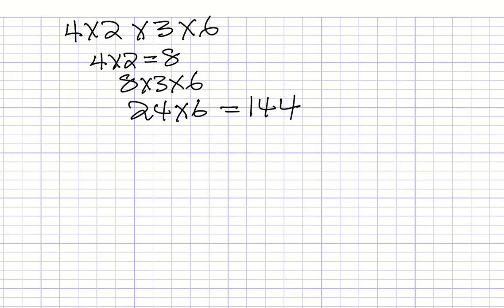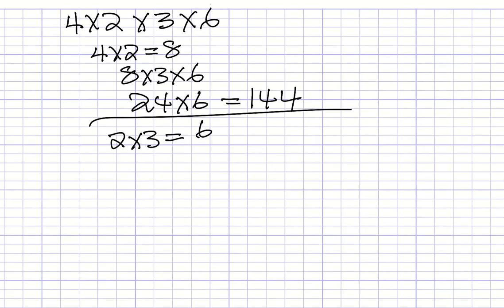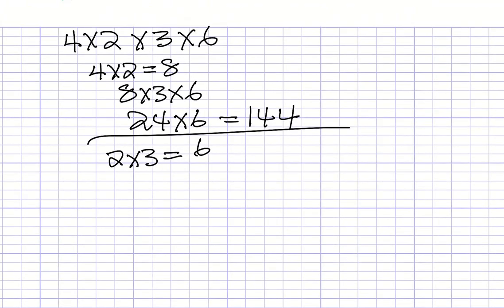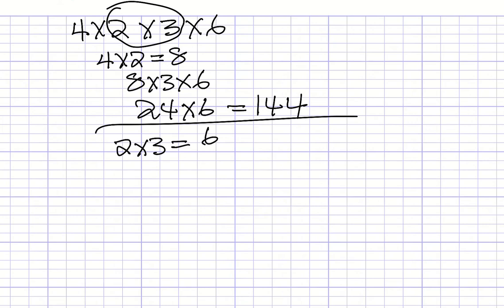So it doesn't matter. You can also do the problem like this. You can say 2 times 3 is equal to 6, right? So you can do 2 times 3 right here. And then you write the problem 4 times 6 times 6.